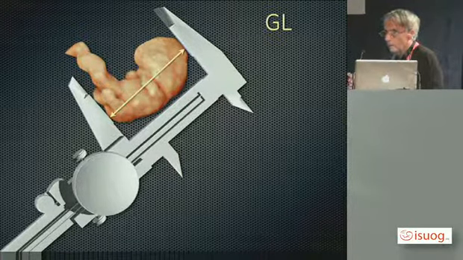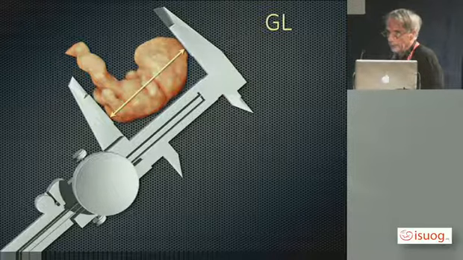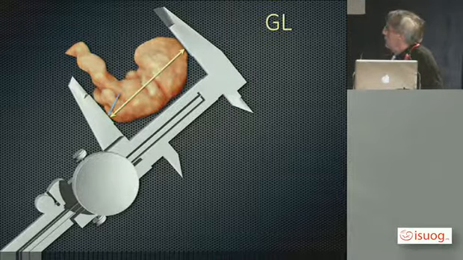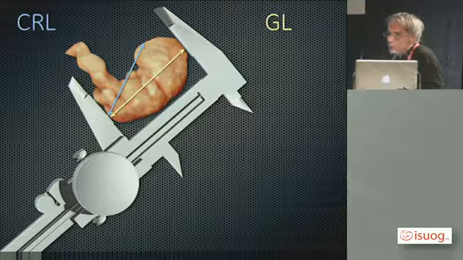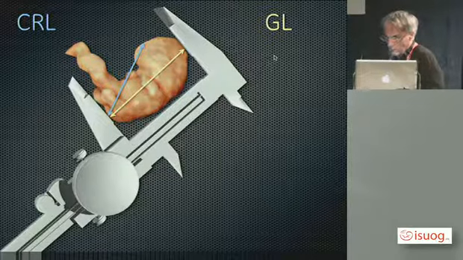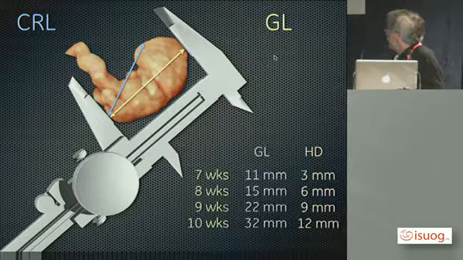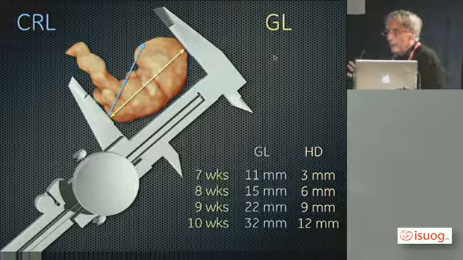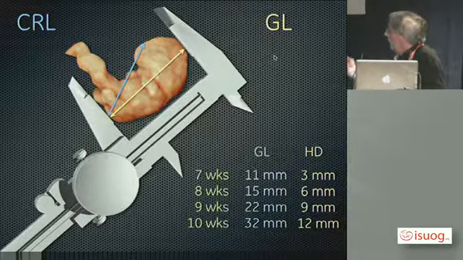And we call it CRL, but it's not correct because the CRL is this one. But we always use CRL, while doing the measurement of the greatest length. In fact, we have to use this name. And with this, in the early stage, it's possible to give the exact date of fertilization, plus or minus 3 or 4 days.